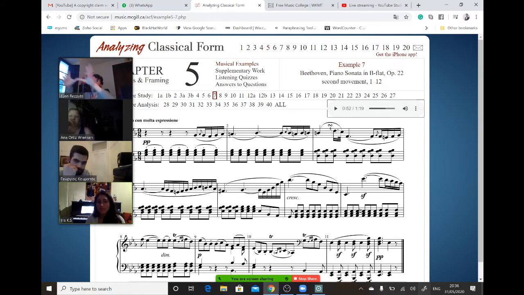Okay, so this example has much more than what actually Caitlin wanted to point out first. I marked something for you here. The codetta starts where the theme's second phrase finishes, but also I don't know if you realize what these dots want to tell you. It relates to the composition exercises we did on Friday. Look, what is that? A brief stepwise movement.